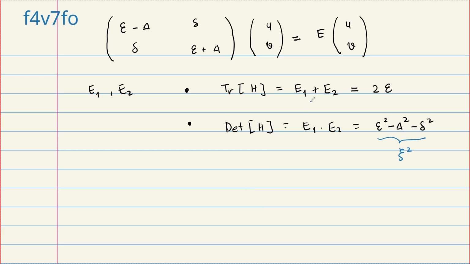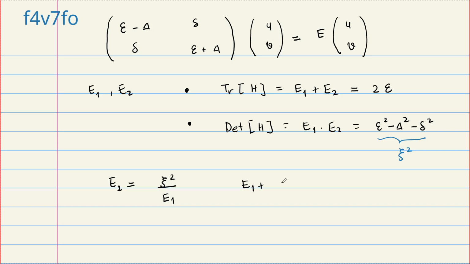Then what I can do is use the first equation and plug it into the second and solve it. So E2 is going to be equal to, from here, psi squared over E1. Now I plug this into the first one.